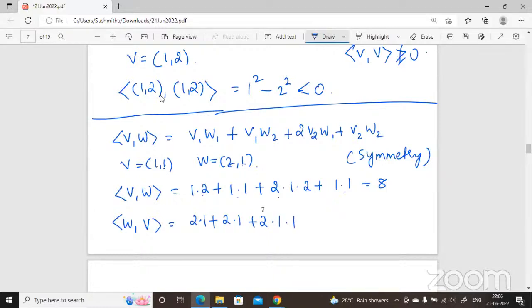You just write it in order so that it will be v2 w1, 1 into 1. Oh, is it matching? 2, 4, 6, 7. Okay, thankfully it's not matching.